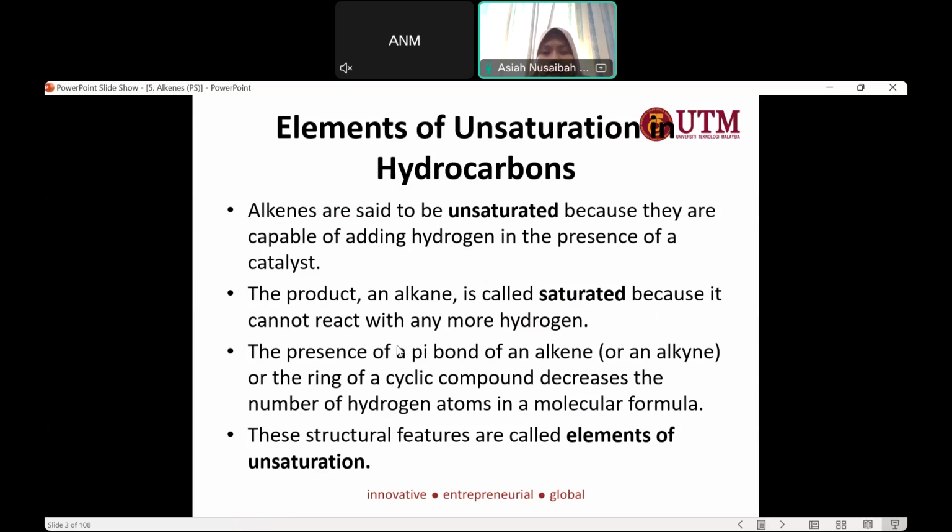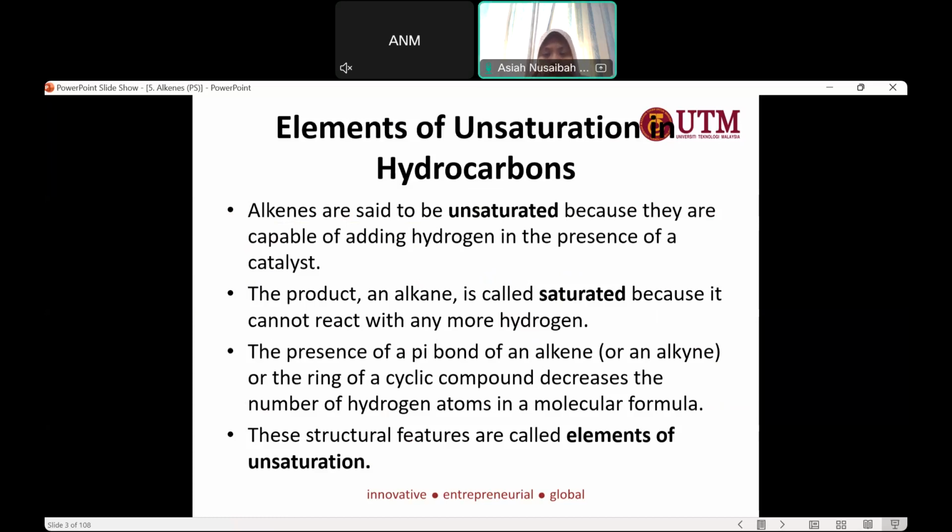So the presence of a pi bond of an alkene, or alkyne which is a triple bond, or the ring of a cyclic compound decreases the number of hydrogen atoms in a molecular formula. Maksudnya kalau alkene ni dia ada double bond. Ring, dia ada ring lah, cyclic compound ni ada ring. So dalam kes alkene dengan cyclic compound, bilangan H-nya kurang daripada alkane yang merupakan single bond, dan di sini kita tak masukkan cyclic alkene lah.